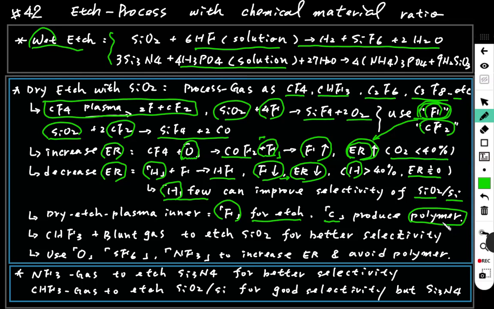But most of the time we don't want the polymer because it will pollute the chamber and cause the yellow and make difficult for PM.